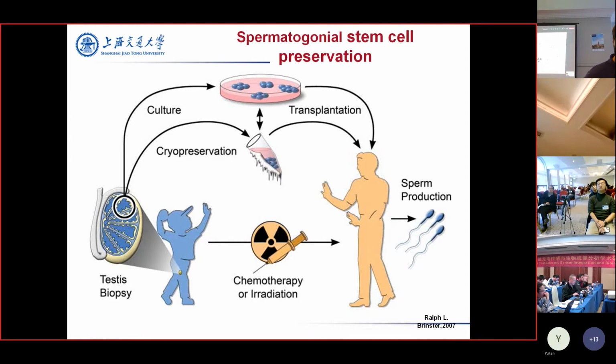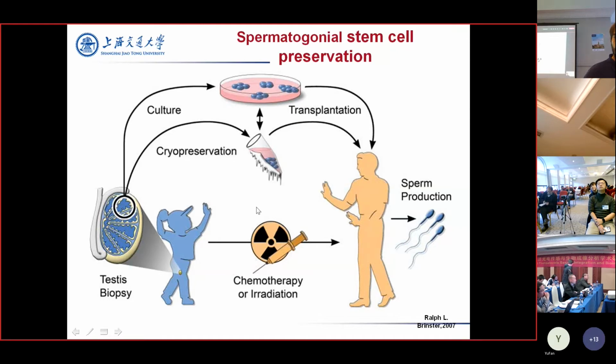Spermatogonial stem cells can also be used for preservation of male fertility. For example, we can take a testis biopsy, isolate spermatogonial stem cells, and culture them in vitro. We can also cryopreserve them.